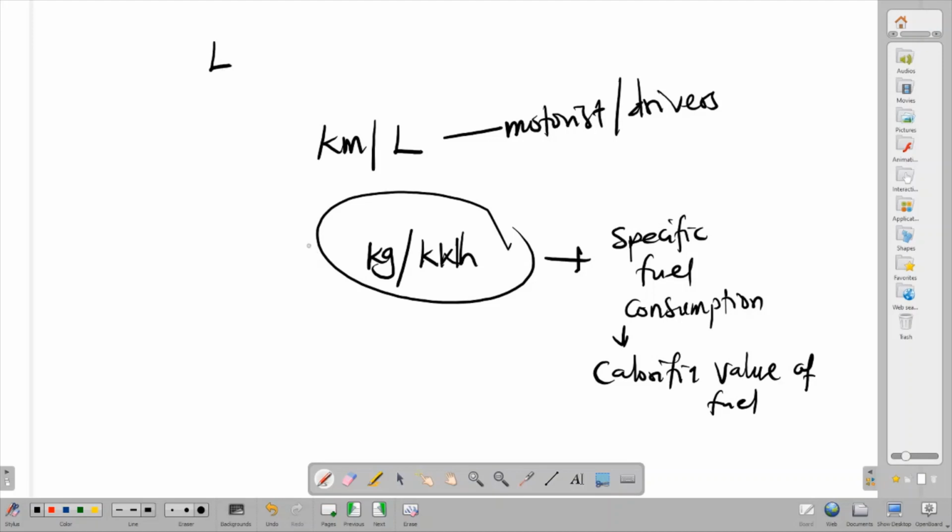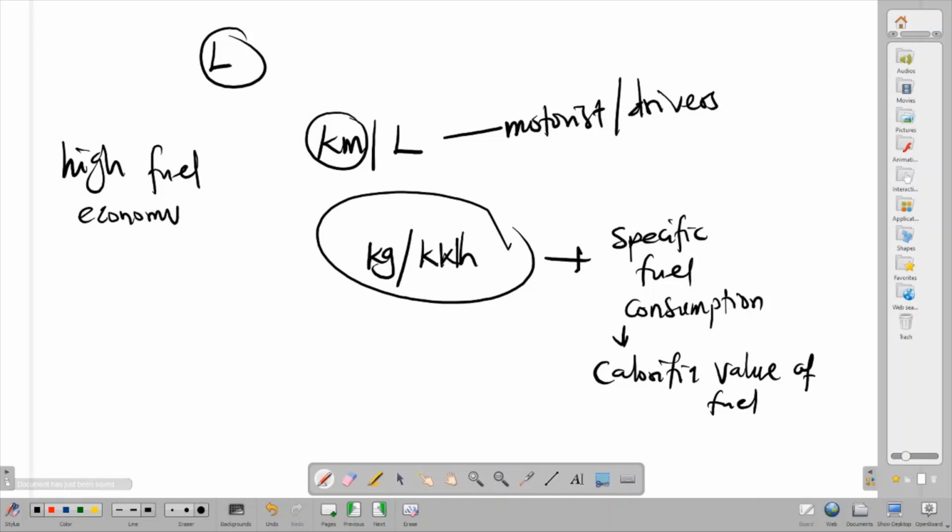That amount of fuel is measured in liters and the distance that they want to cover is in kilometers. So if they can cover a large distance with a little amount of fuel, then they think they have what they call a high fuel economy.